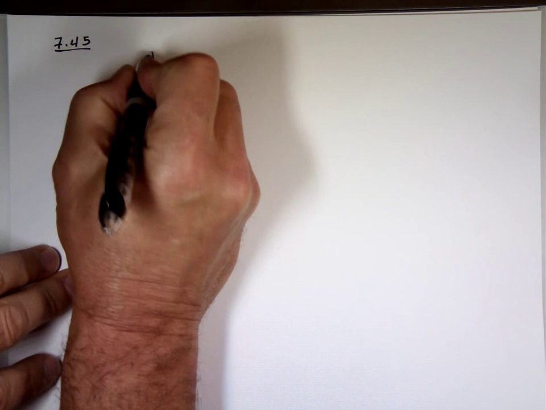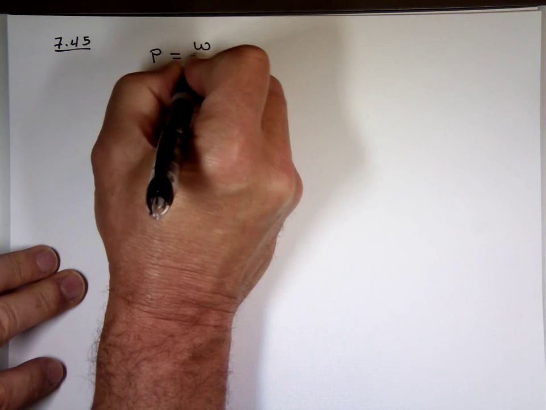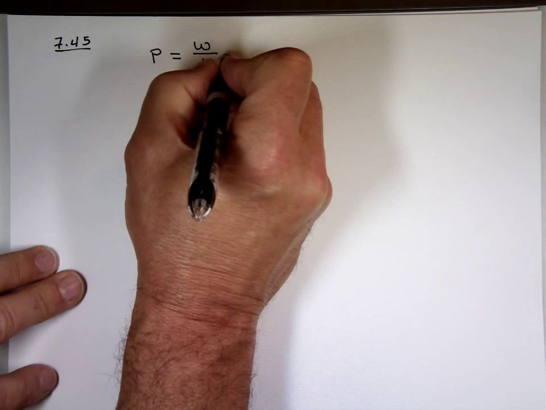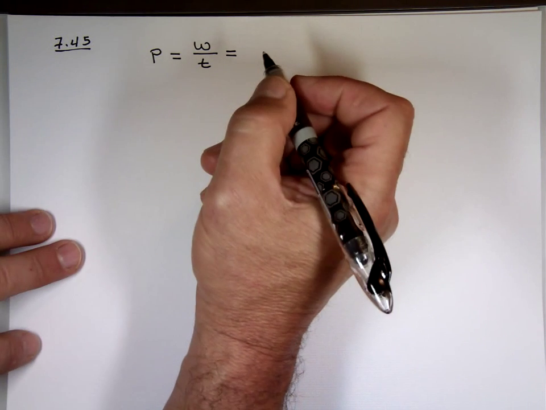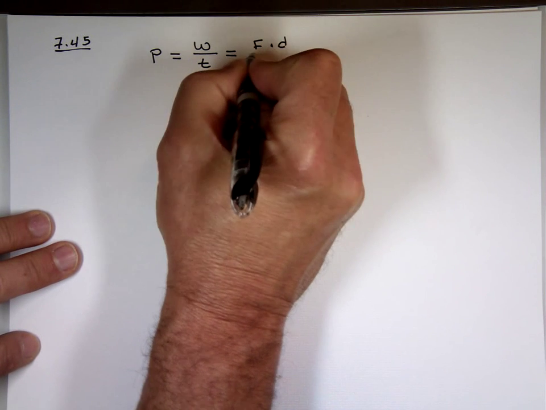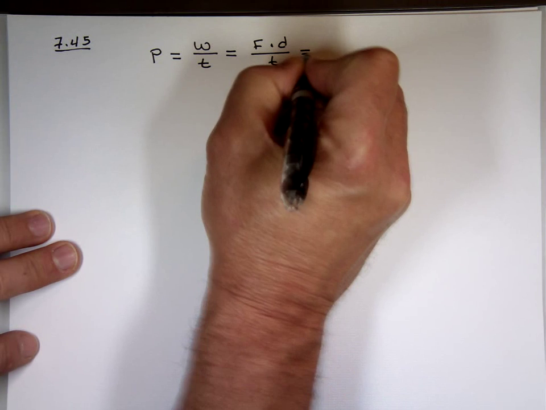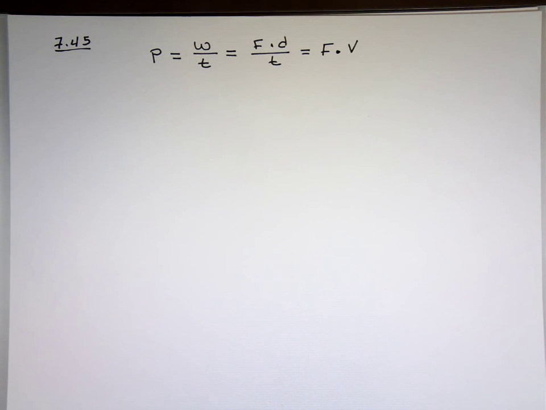Now, before I finish reading the question, we know the definition of power. Power is what? It's the work done divided by the time. And if you remember last time I derived another one, it says work is force times distance divided by time. So if you want, you can also say the power is the force times the velocity. Let's see which one of these I'm going to use. That's the only equation I have for power.